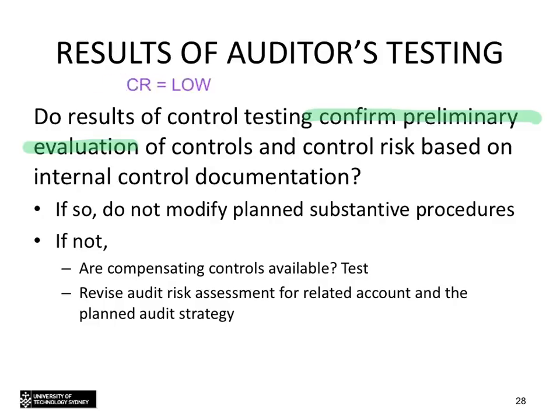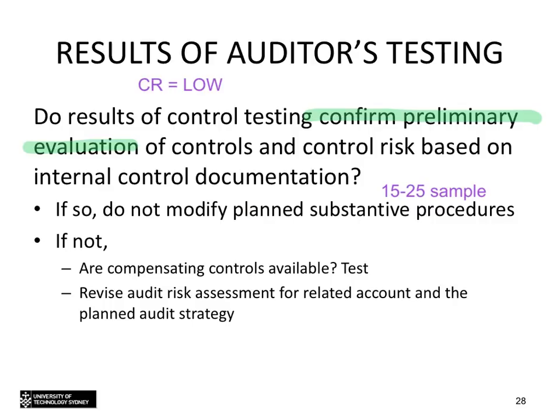If the controls are working correctly, then control risk stays at low, and I only do limited substantive testing there. I might do 15 to 25 in my sample, but I will always do some substantive testing. I will never do a controls-only audit. I will always do some substantive testing as a backup process, just to make sure I don't miss anything. That's safe audit practice there.